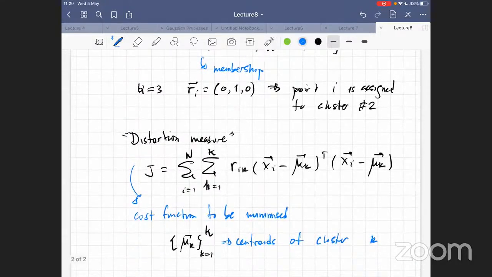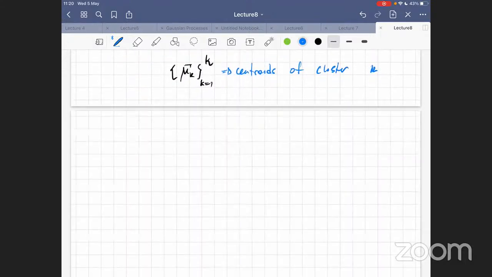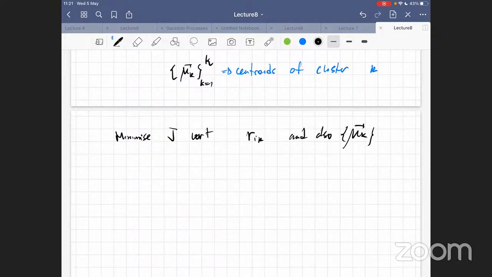So you have a d-dimensional space, and your cluster is going to be defined by the centroid, which is these vectors mu_k. Then what we need to do is to minimize this distortion measure with respect to these values mu_k, and also these values r_ik.